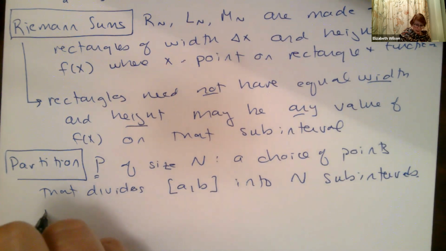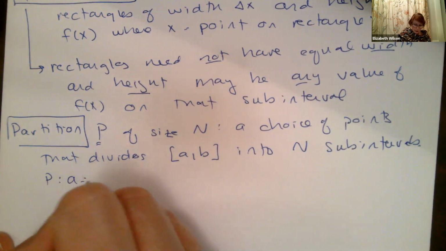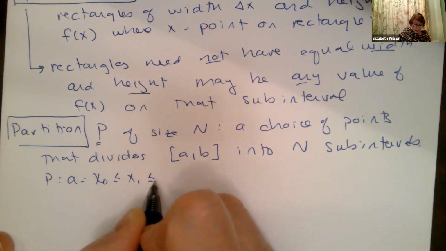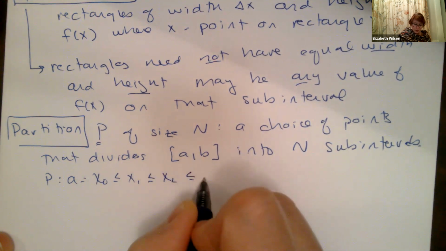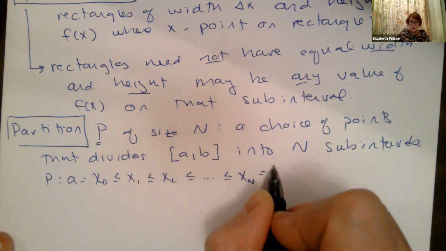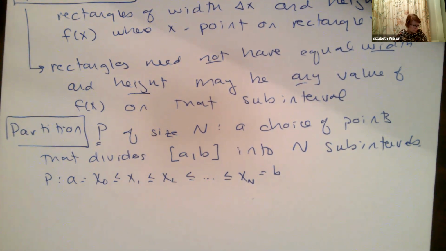So I can say P is equal to my partition: a, my first one, x naught, which is less than x1, which is less than x2, which is less than or equal to, so on and so forth, which is less than or equal to x sub n, which is equal to b, right? So my first one is A, my last one is b, and they're all gradually increasing along that interval.